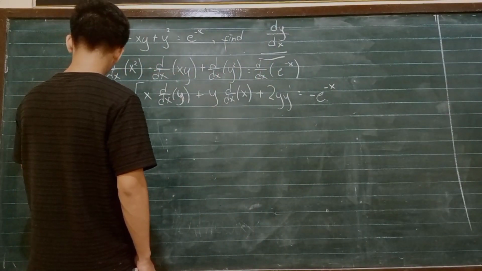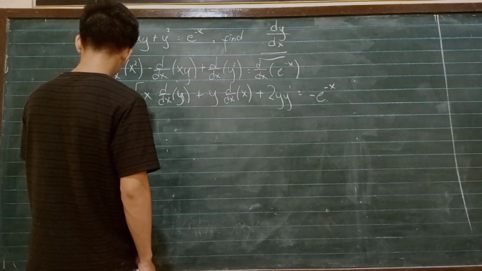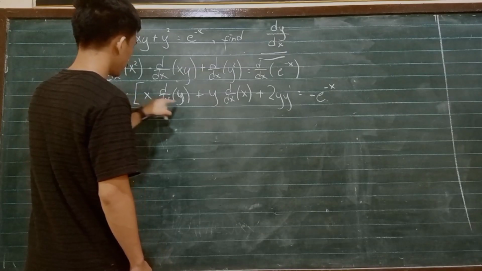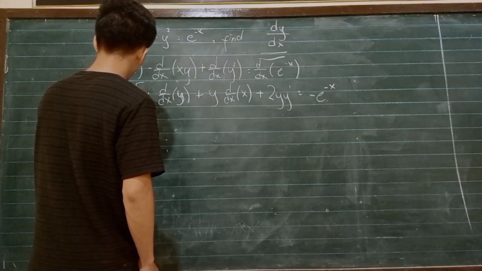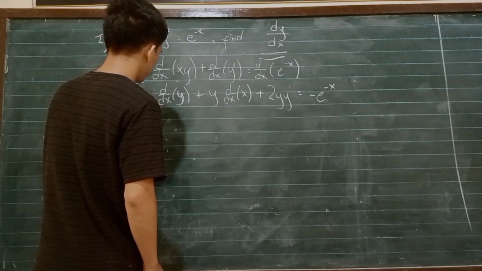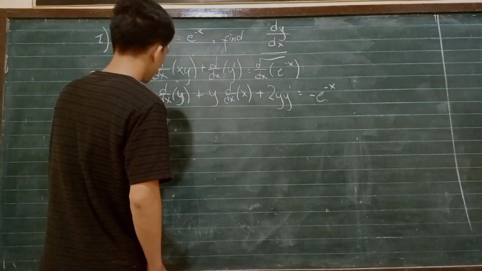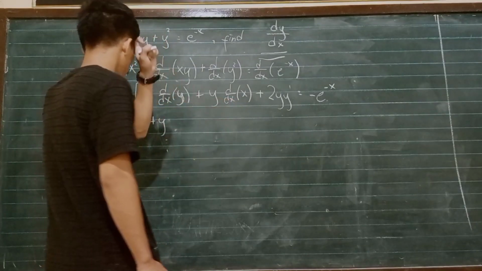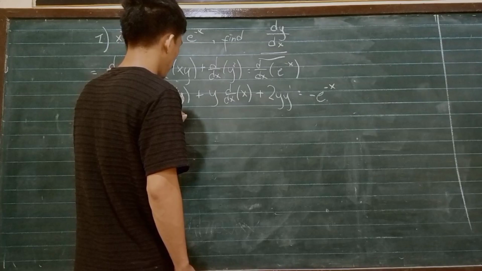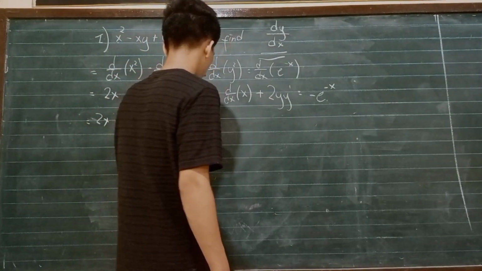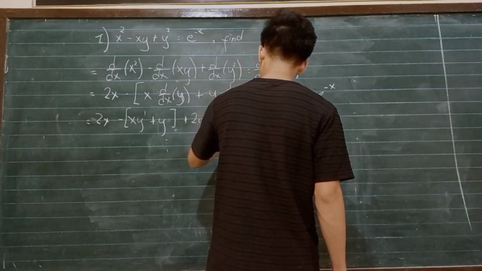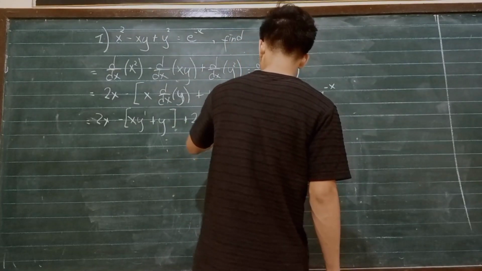It should be 2x minus x. The derivative of y is y prime. Thus, this will be xy prime plus y only, because the derivative of x is 1. Then plus 2y y prime is equal to negative e raised to negative x.